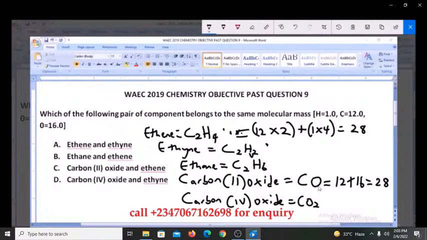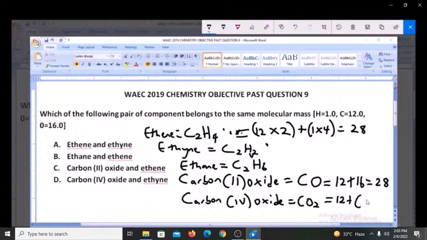Now, carbon 4 oxide, 12 plus 16 multiplied by 2. Now 16 multiplied by 2 is 32, and 32 plus 12 is 44.